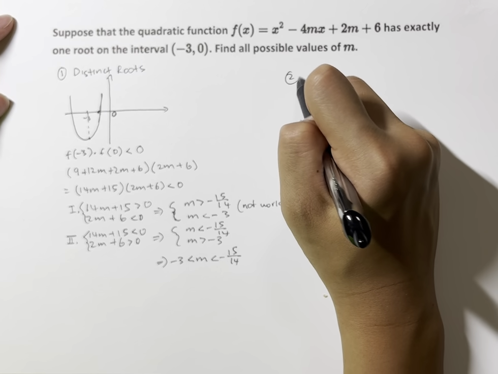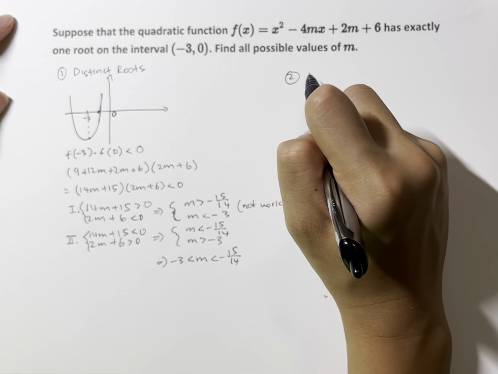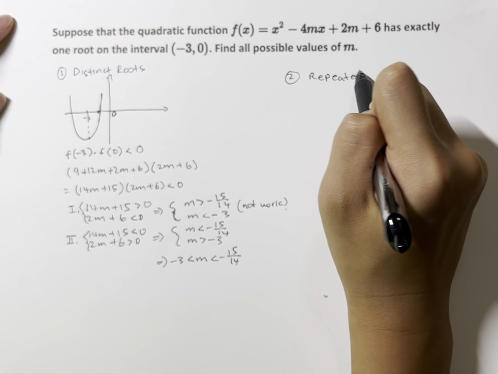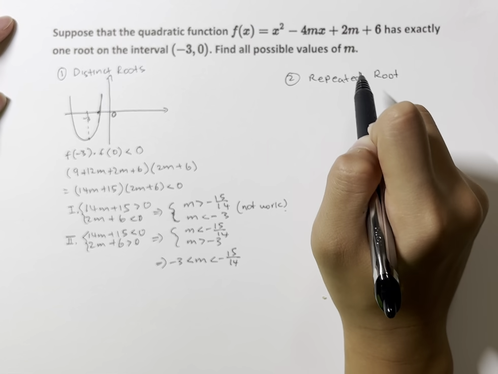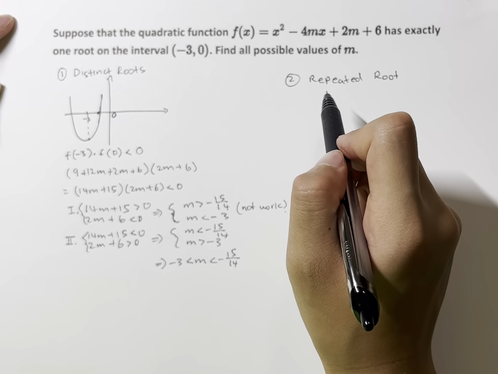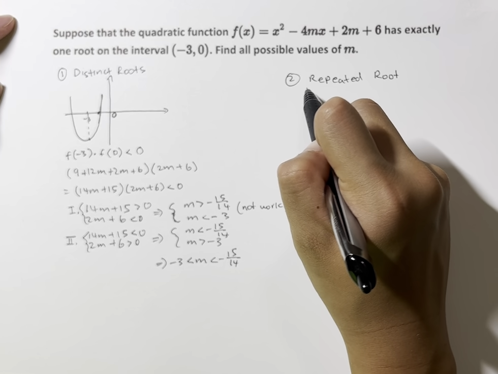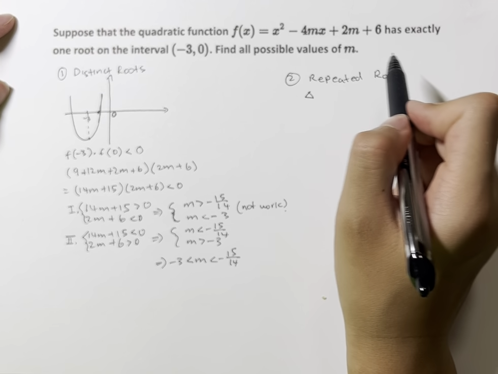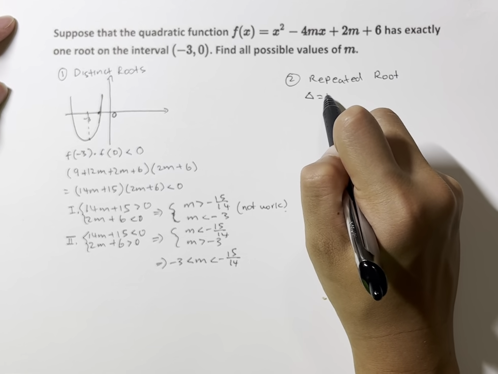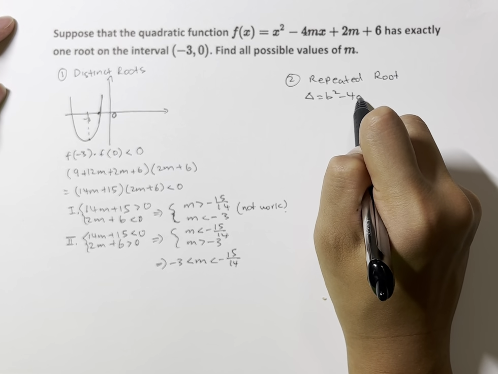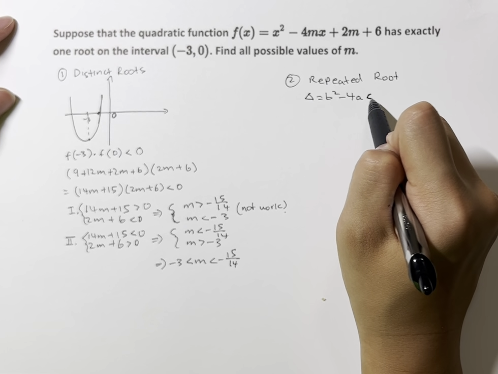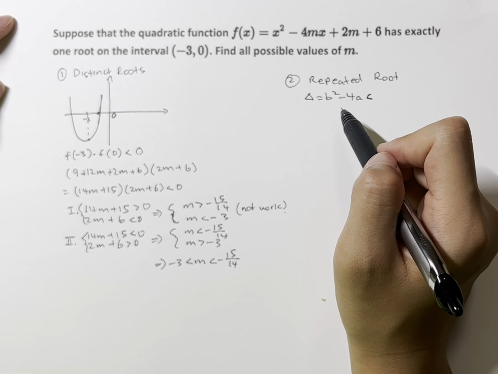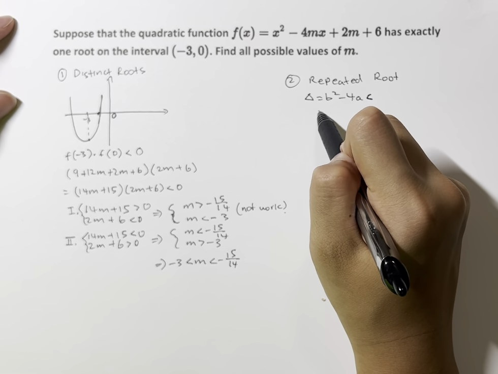Now the second case is the repeated root. When there's only one root for a quadratic function, the two roots are repeated, which means delta, the discriminant, equals 0. Delta equals b squared minus 4ac, where a, b, c are the coefficients of the standard form ax squared plus bx plus c equals 0.